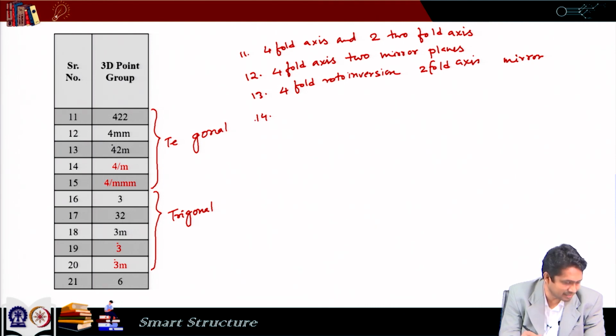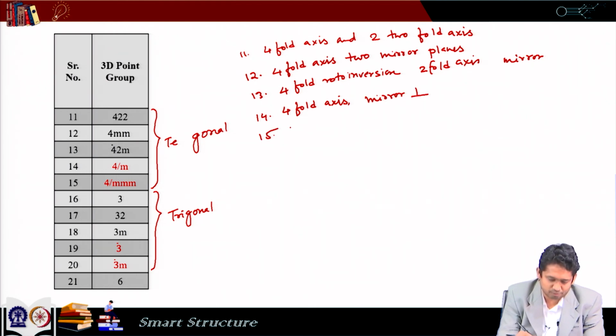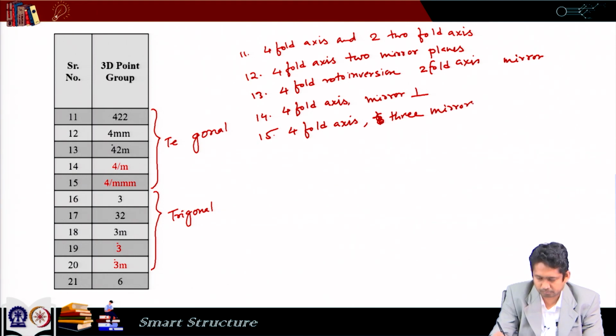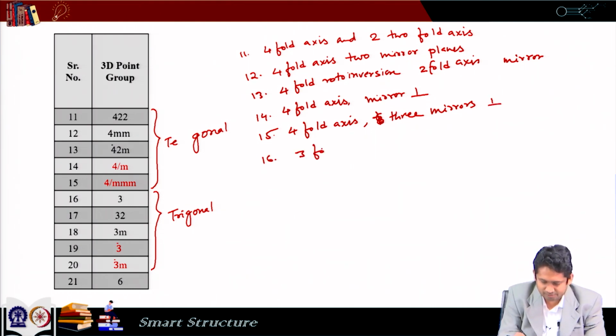Then we have a 4-fold axis and 1 mirror perpendicular to it. Then we have a 4-fold axis and then 3 mirrors, and these are perpendicular to the rotation axis, and we have a 3-fold axis for 16, and for 17 we have a 3-fold axis and a 2-fold axis.